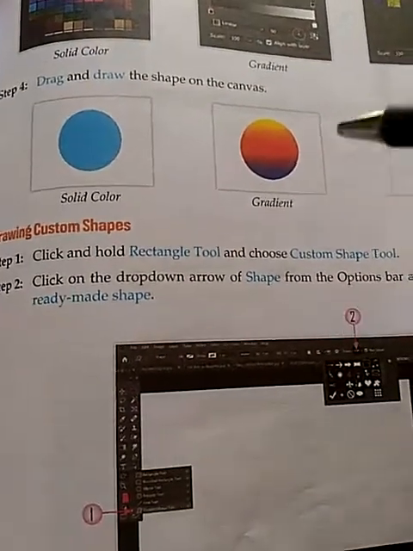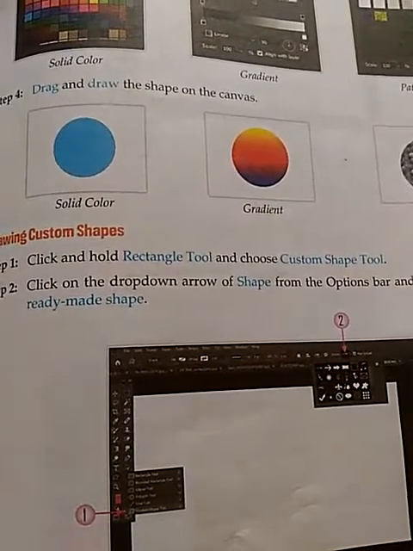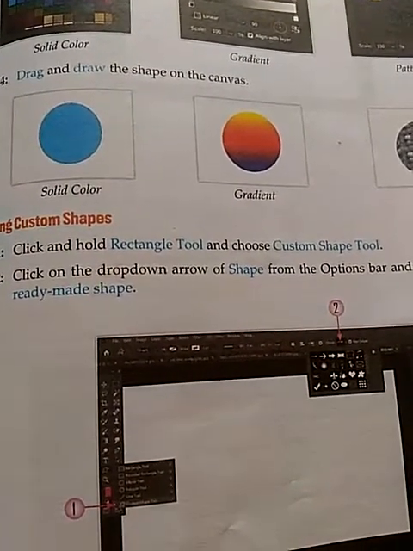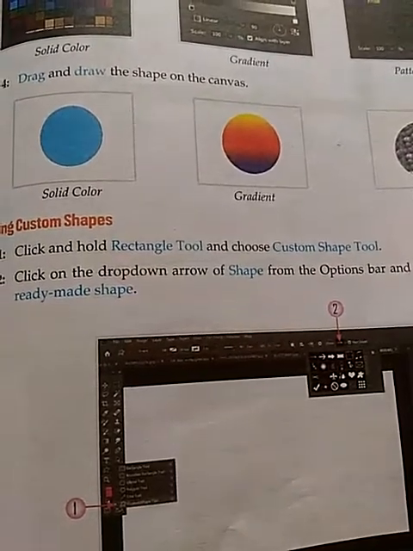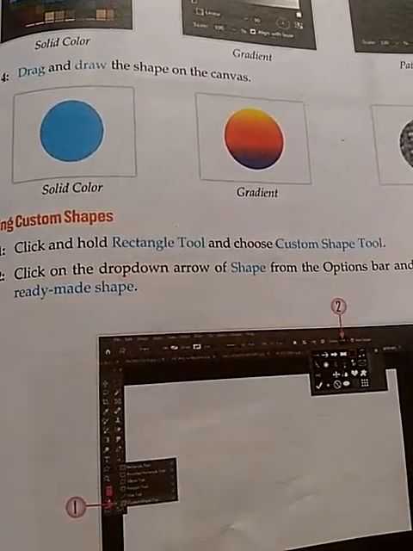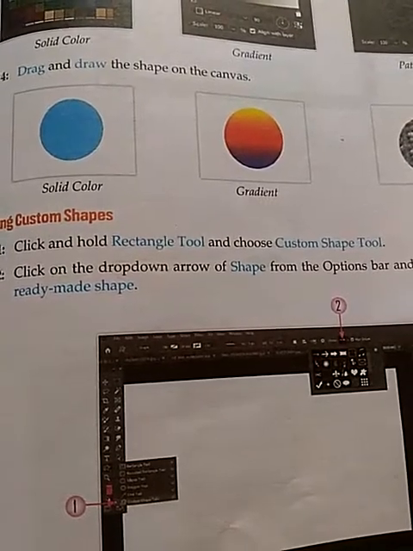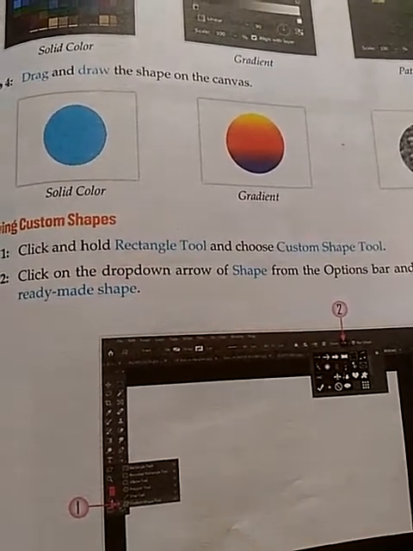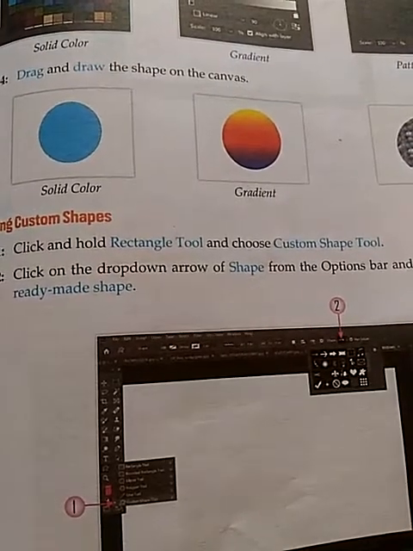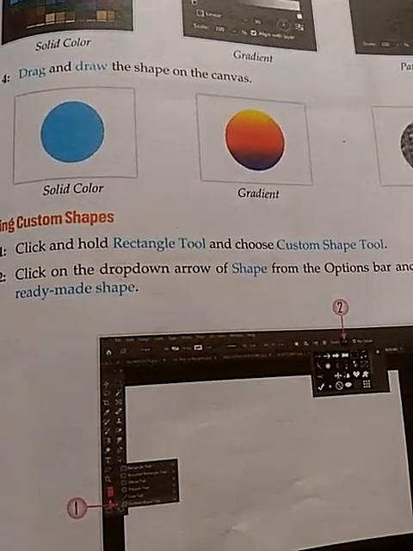So remember the steps to insert an image. First you need to click on the toolbar, rectangle tool. After that, you need to select the type of image you want to insert. Suppose you want to insert a rectangle, circle, ellipse, or polygon, then you can select it.